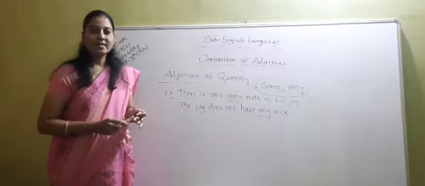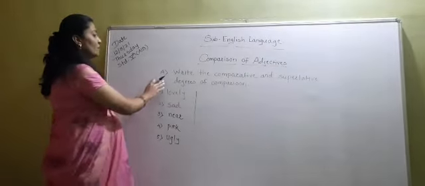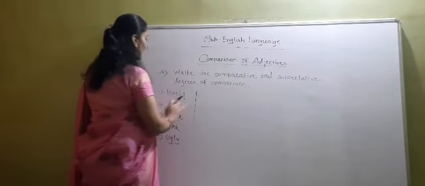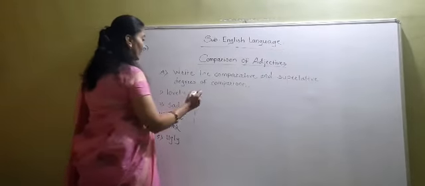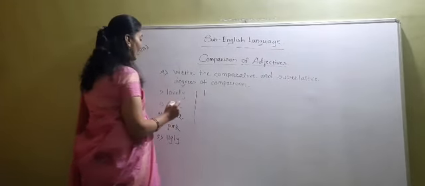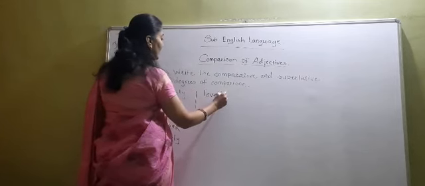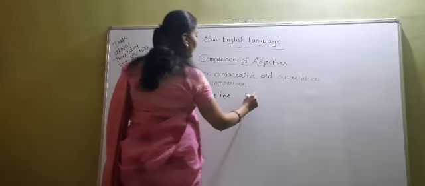Okay. So let's start. Now students, see question number A. Write the comparative and superlative degrees of comparison. So first is lovely. So we have to write down the comparative form. Lovelier, L-O-V-E-L-I-E-R, lovelier. And then superlative, loveliest.